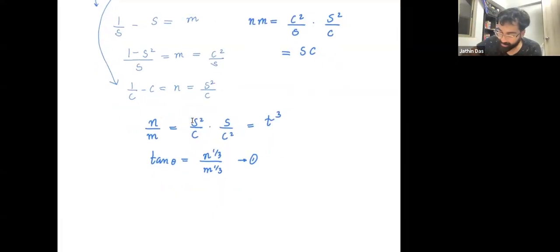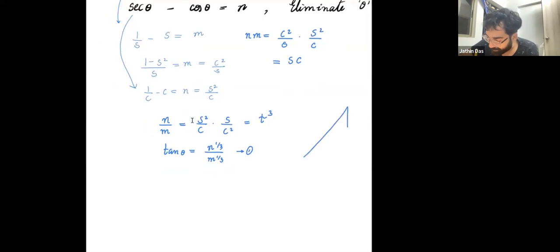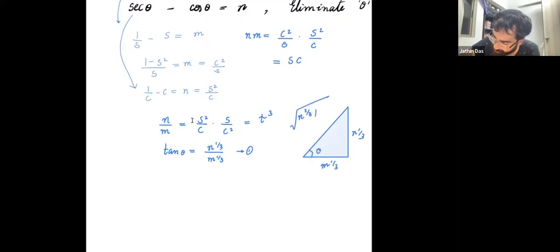So now, as I taught you the normal method, take a triangle, tan theta is n^(1/3) by m^(1/3). So the hypotenuse will be root of n^(2/3) plus m^(2/3), which is p.